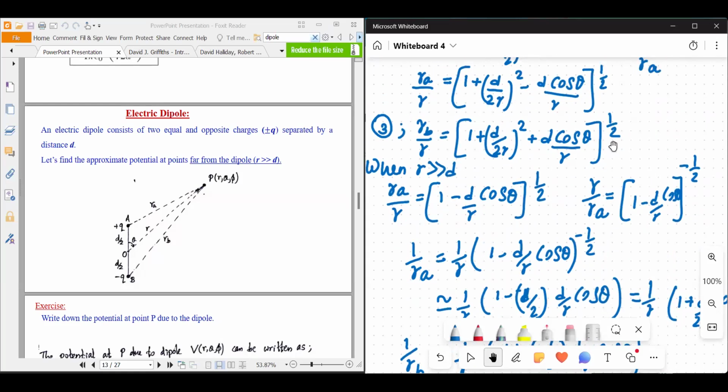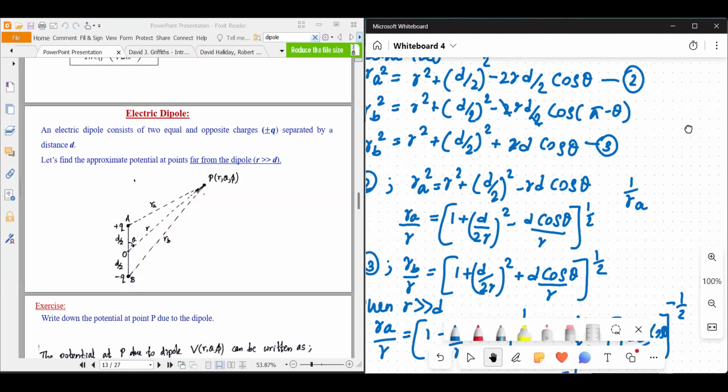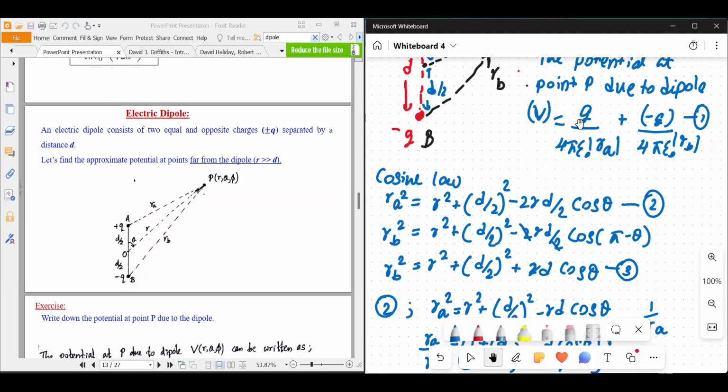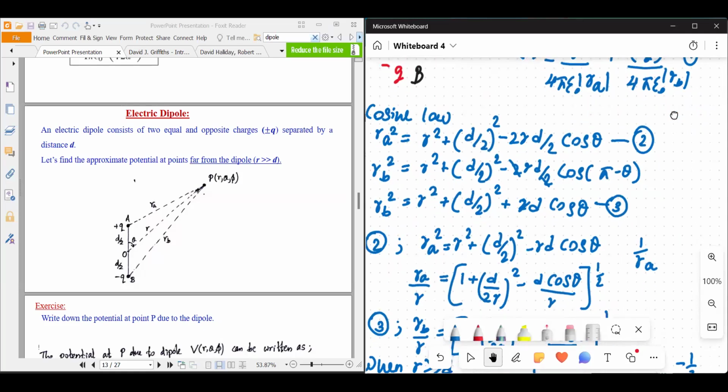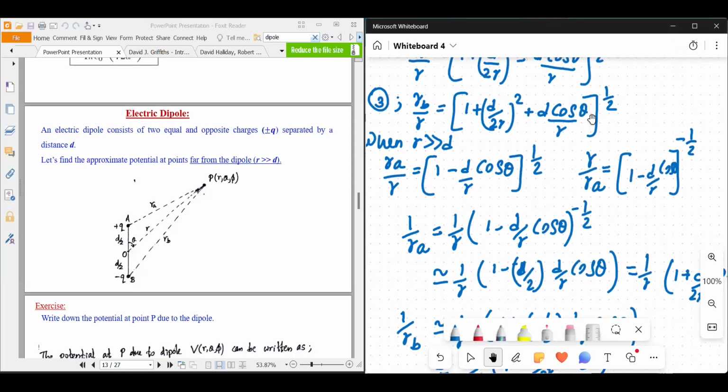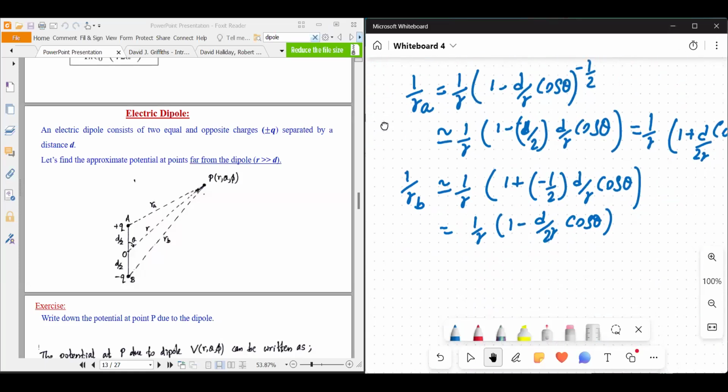So equation 1 is this: potential is equal to Q over 4 pi epsilon naught RA minus Q over 4 pi epsilon naught RB.